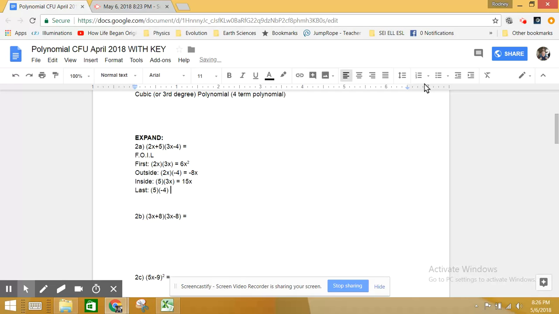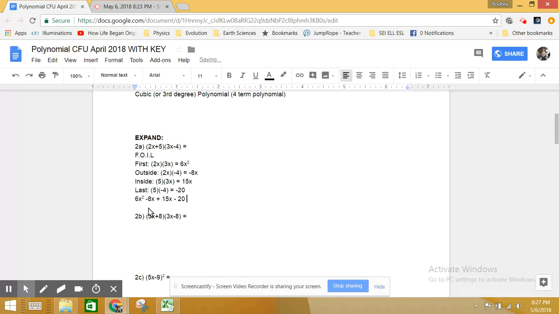And 5 times negative 4 is negative 20. All right, so let's look at this here. We've got a second degree part, so I'll write that in here: 6x squared. And I've got minus 8x plus 15x minus 20.